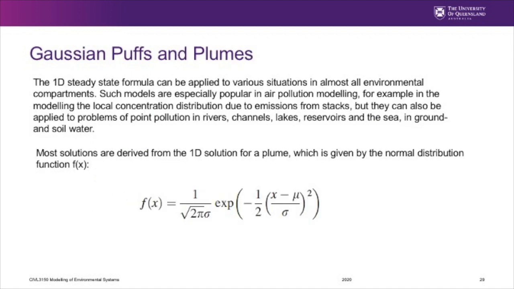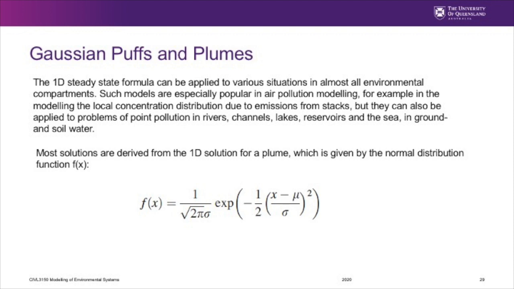So how can we do this? Well, we can actually have formulas that describe how the variation in space occurs, right? For instance, we can have the Gaussian distribution that describes how our variable moves over space and also as a function of time.